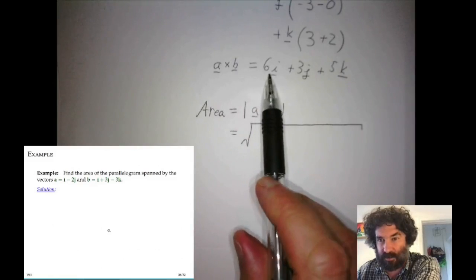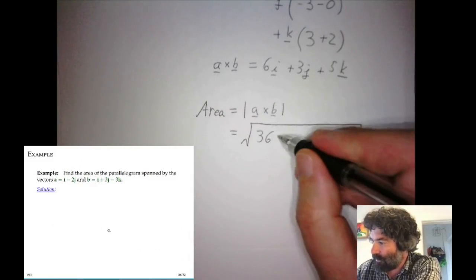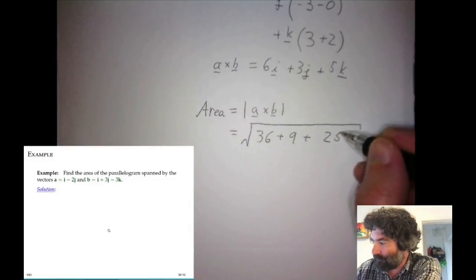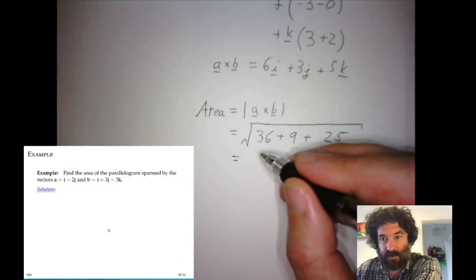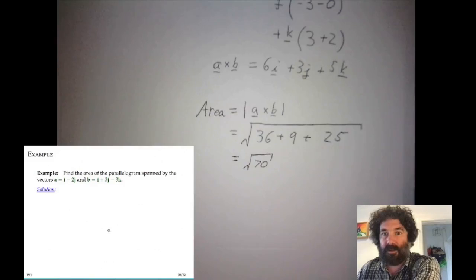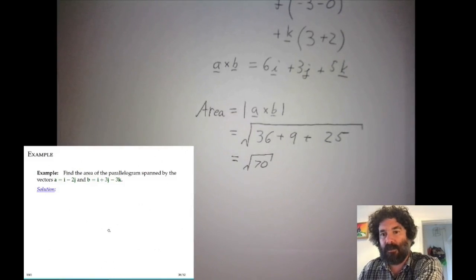So that's 6 squared, 36, plus 3 squared, 9, plus 5 squared, 25, and that's equal to the square root of 70. So the area of this parallelogram is the square root of 70, also the modulus of the cross product of these two vectors.